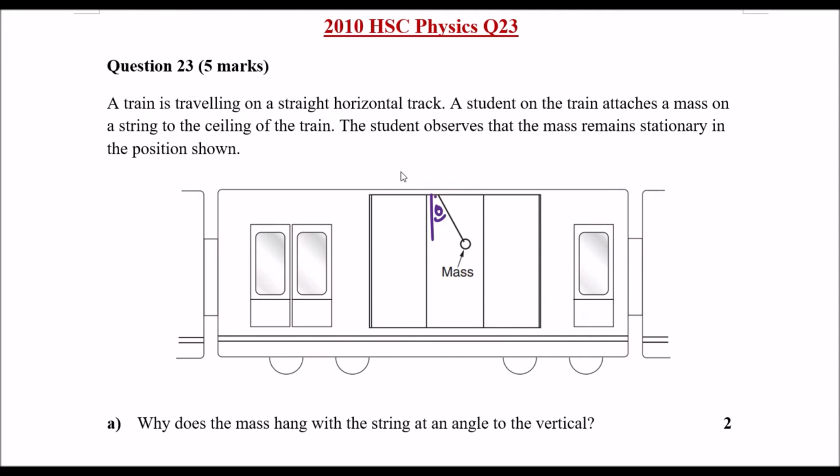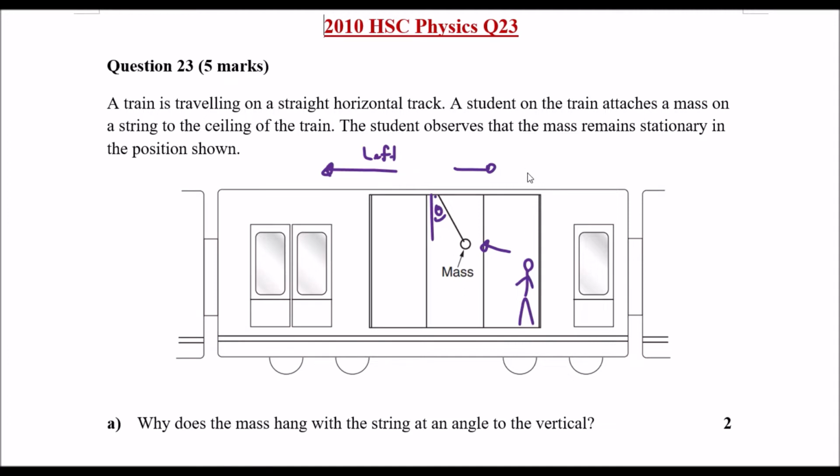The train is moving towards the left-hand side, and as it's moving to the left, it's caused the object to go backwards. The other thing we can say is that if I was standing inside the train and I looked up and saw the mass there, I can see there is a way of indicating which direction the train is moving.